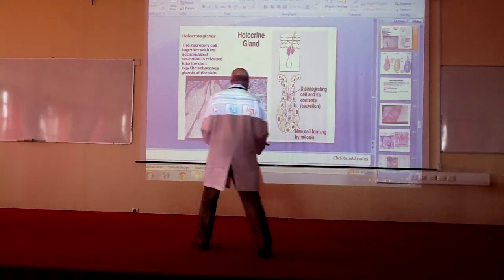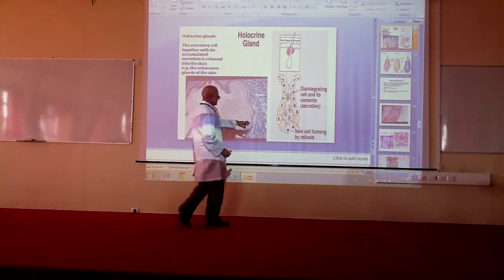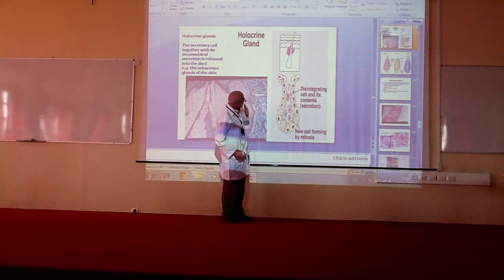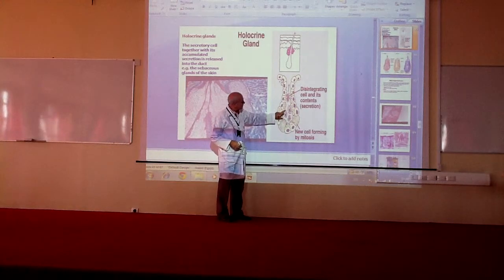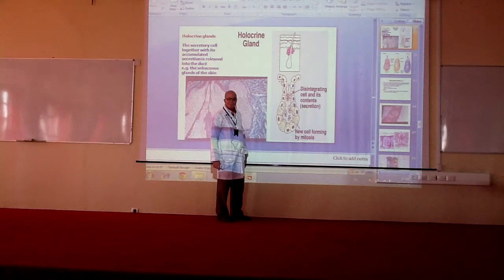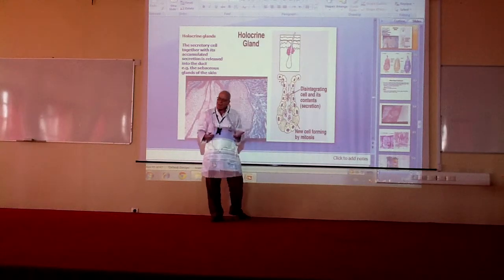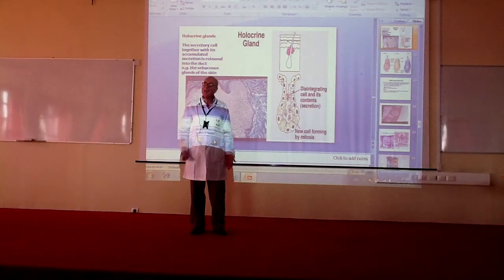What will happen? Okay, this is a secretory cell. The secretory cell will burst. This is the nucleus, this is the cytoplasm, these are the secretory granules. We have to form new cells.